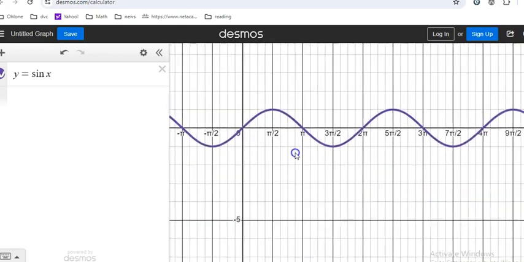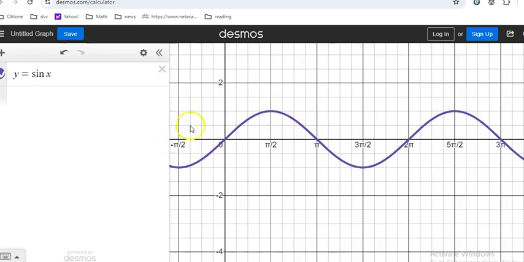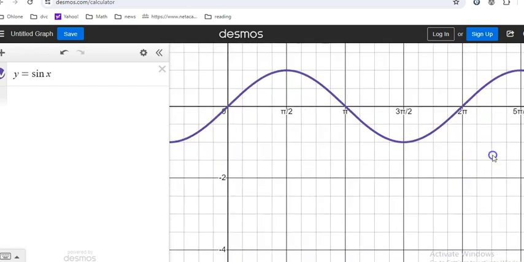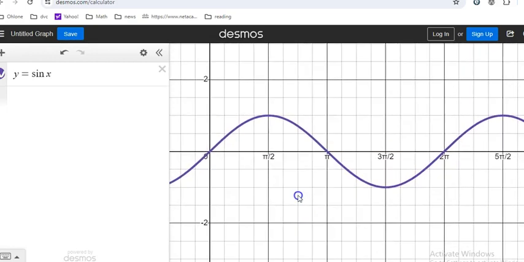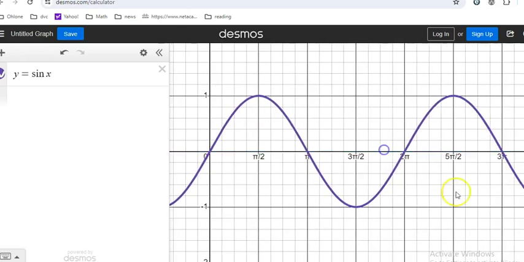You can see that this is the basic sine function, going between 1 and -1. If we zoom in, you can see 1 and then 2. That is the sine function.